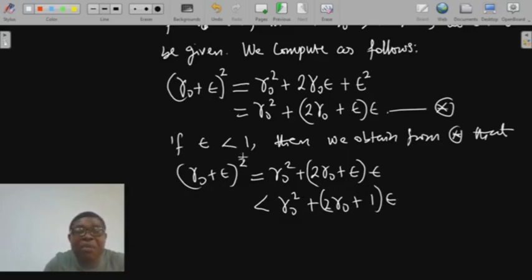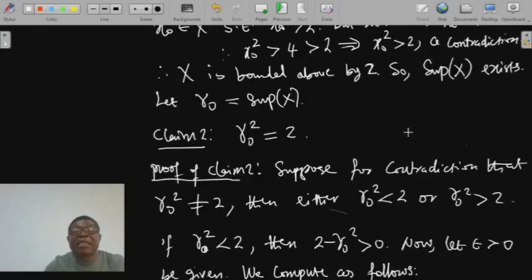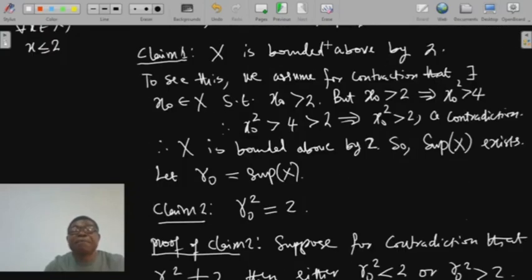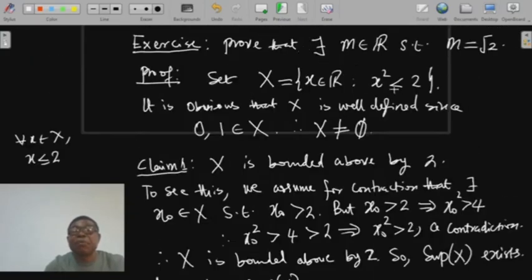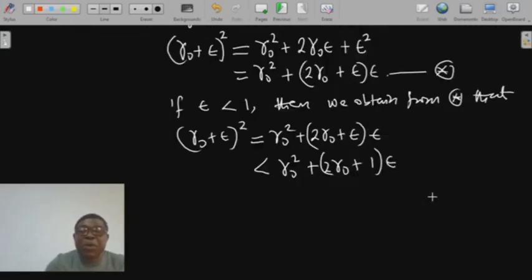So that will give me that this thing is less than 2. And when I get that this is less than 2, it means that for the particular range of positive epsilon, I've gotten that (gamma naught plus epsilon) all squared is less than 2. And that contradicts the fact that gamma naught is the supremum of this set X. So let us do it.